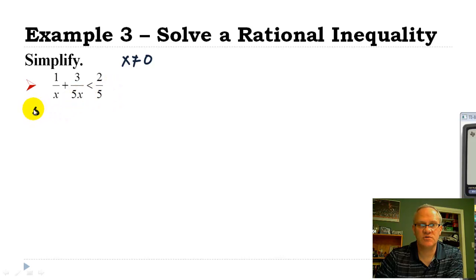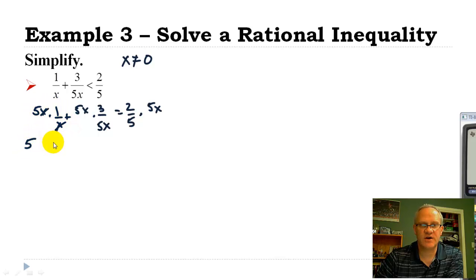So we're going to go 5x times 1 over x plus 5x times 3 over 5x, and then 2 over 5 times 5x. So in this case, the x's cancel. What do I have left? 5 times 1 is 5.